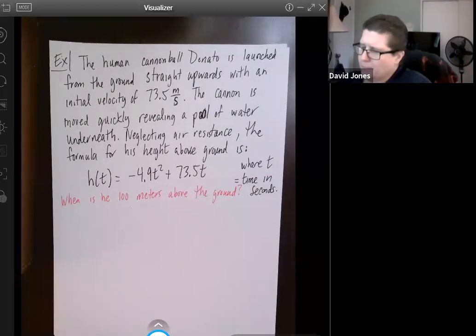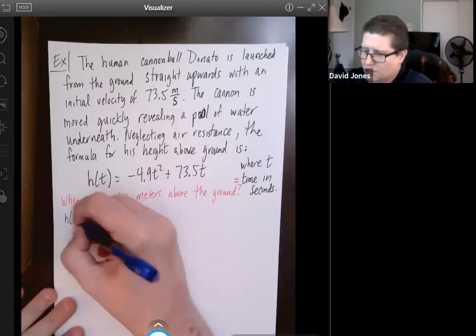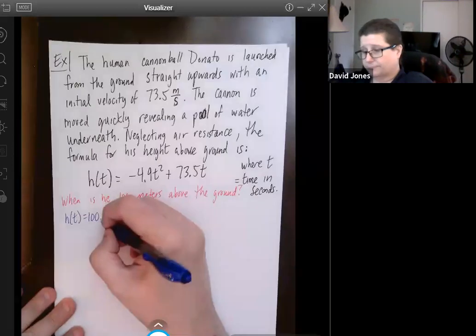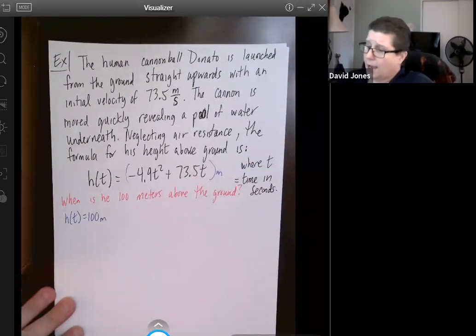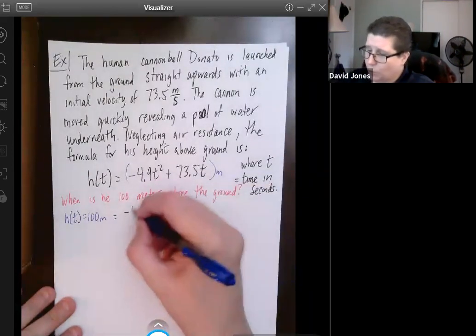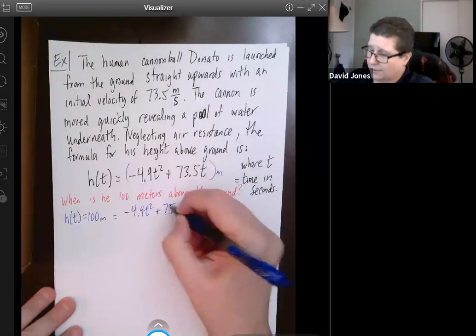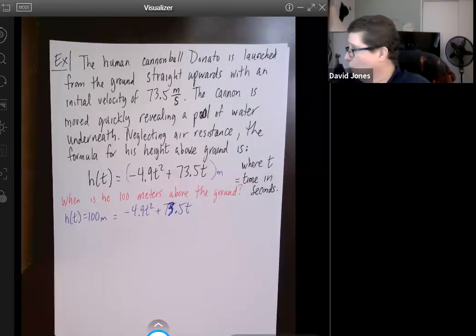Well, when he's 100 meters above the ground, that means his height at time t is 100 meters. This is all in meters. And we can set that equal to negative 4.9 t squared plus 73.5 t. And what we're going to do is solve.